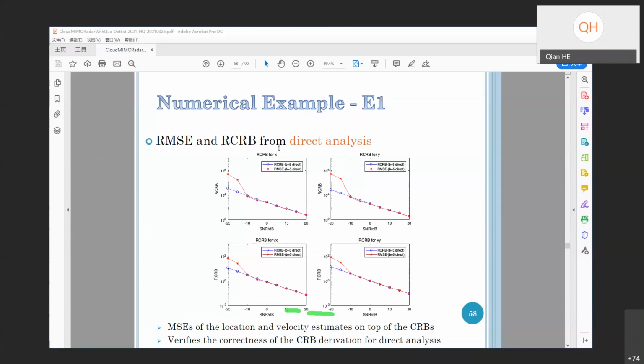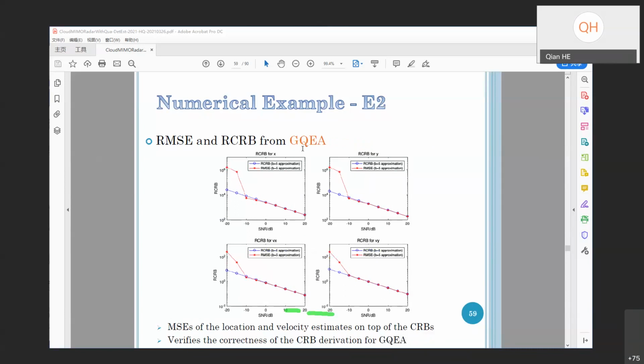This is for the location along the x-axis, the y-axis, and velocity on the x and y axis. So the same thing we do for the Gaussian quantization approximation case. All these figures just try to show you our derivation for the Cramer bound is correct, right?